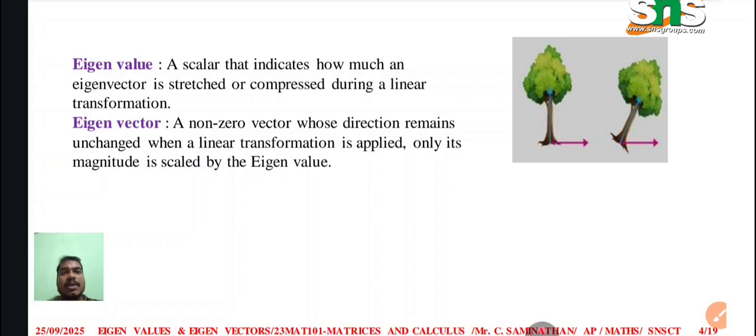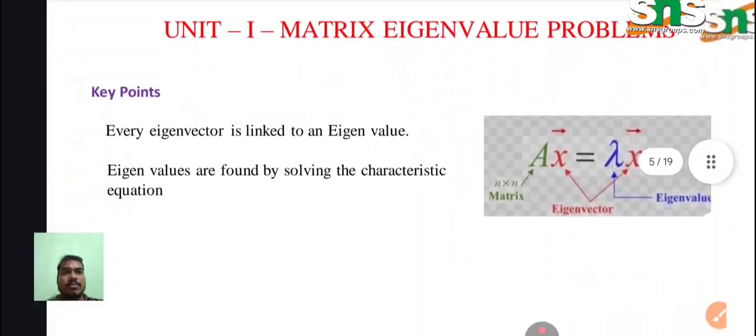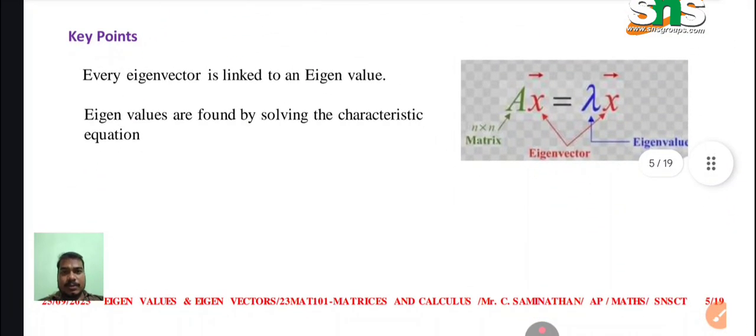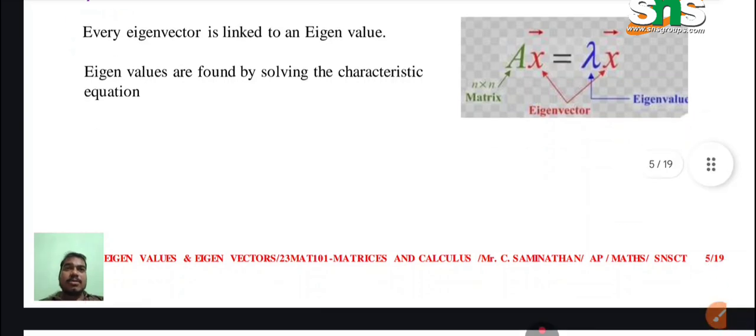Only its magnitude is scaled by the eigenvalue. The key points: the eigenvector is linked to an eigenvalue, and eigenvalues are found by solving the characteristic equation.